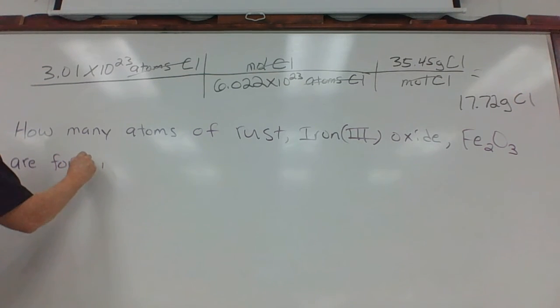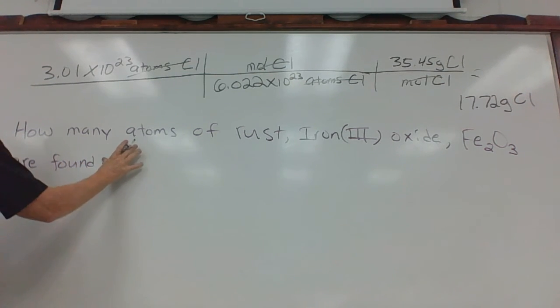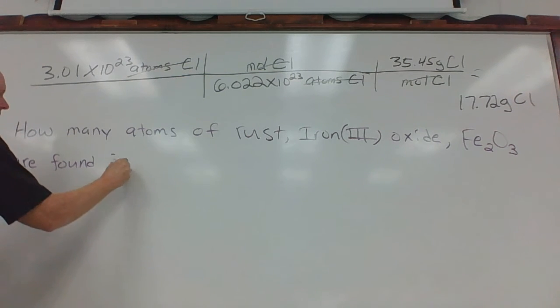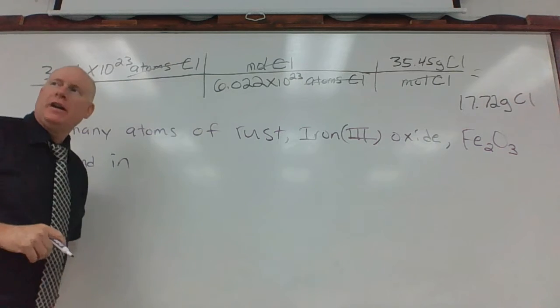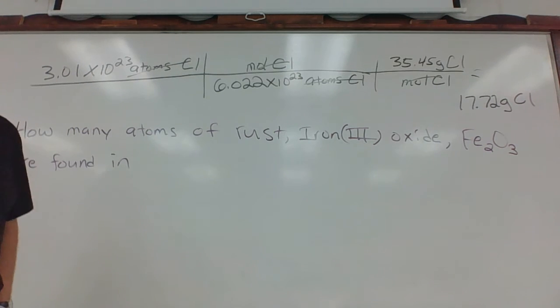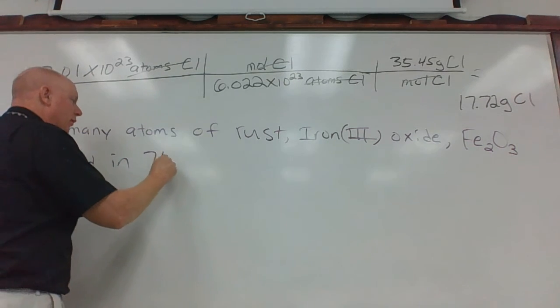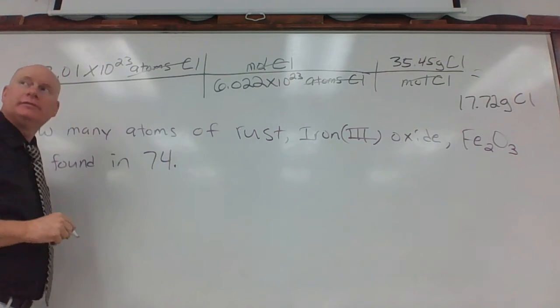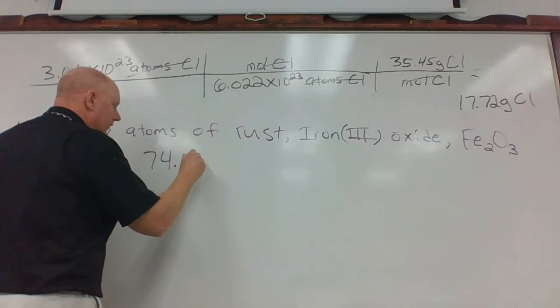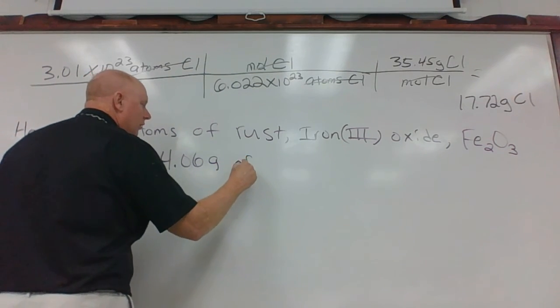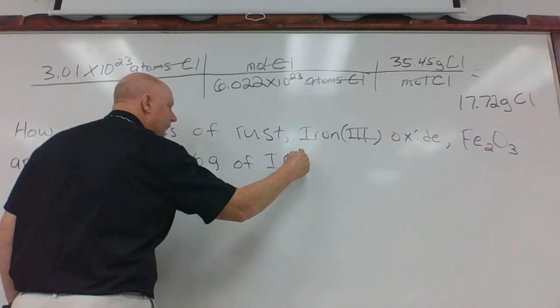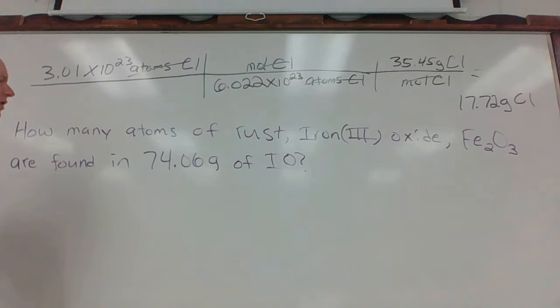found in how many grams, Tom? 74. Okay. Point 06. Okay. So you have 74.06 grams of iron oxide or Fe2O3.